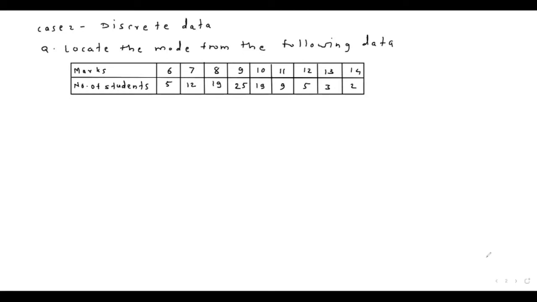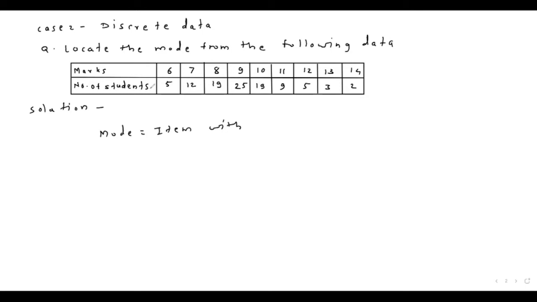The next data set is discrete data. The problem for the discrete data set is: locate the mode from the following data, where we are given the marks of students and the number of students. Again the formula is the same. The formula for mode is the item with maximum frequency, because the data set is with frequency.